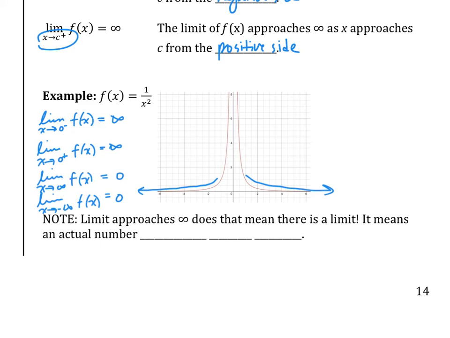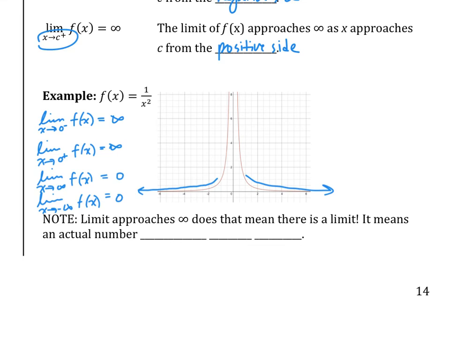Now, limit as x goes to something and you say y goes to infinity does not mean that there's a limit. Infinity is a huge number, right? It's actually just a placeholder for saying a huge number increasing without bound. It's not actually saying that there is a number called infinity. Infinity is just infinitely large.